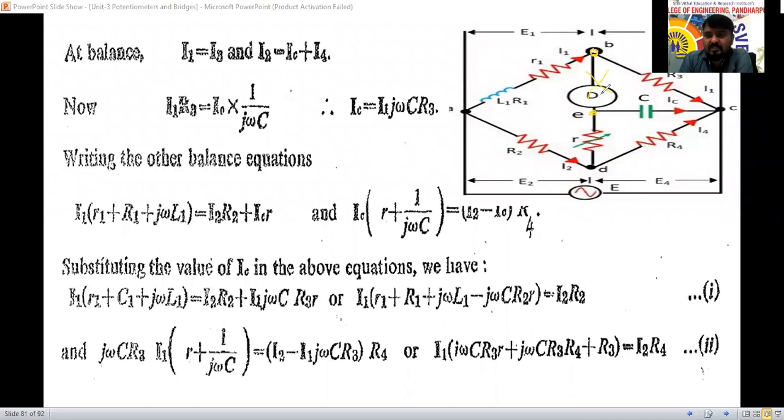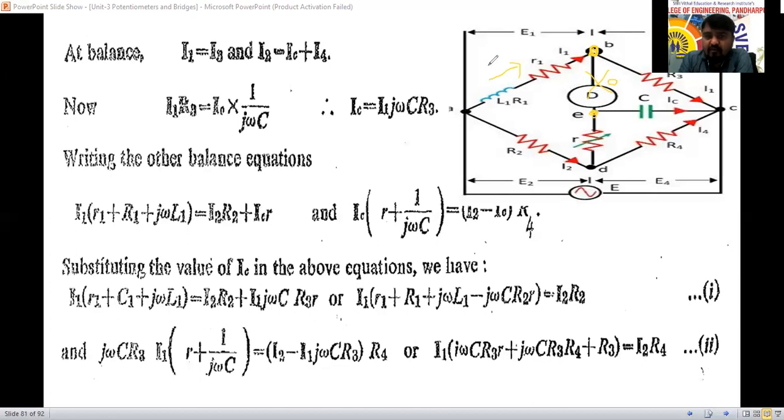It acts as an open circuit here. When it is balanced, the potential difference between point B and point E is equal. Then only it will act as a balanced condition. So if the bridge is balanced, which current is flowing here?